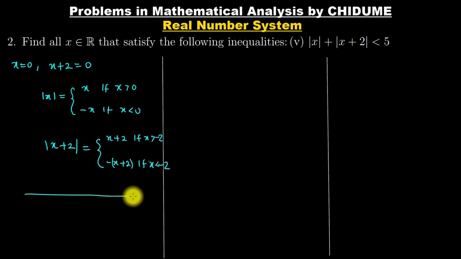Sorry, this should have been negative 2. If we partition our real line, here we have negative 2, and here we have 0.